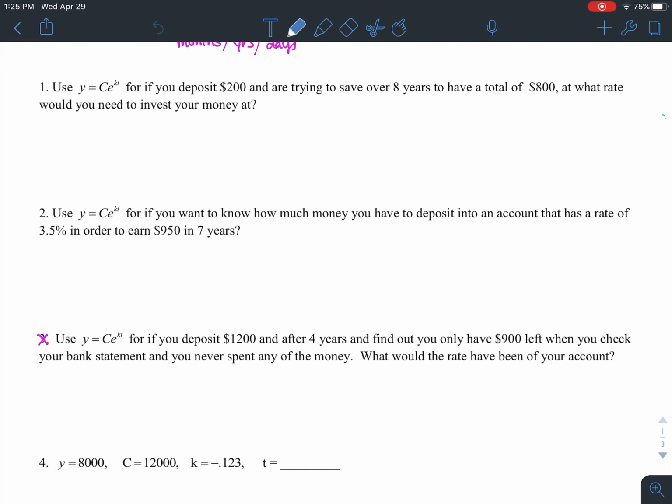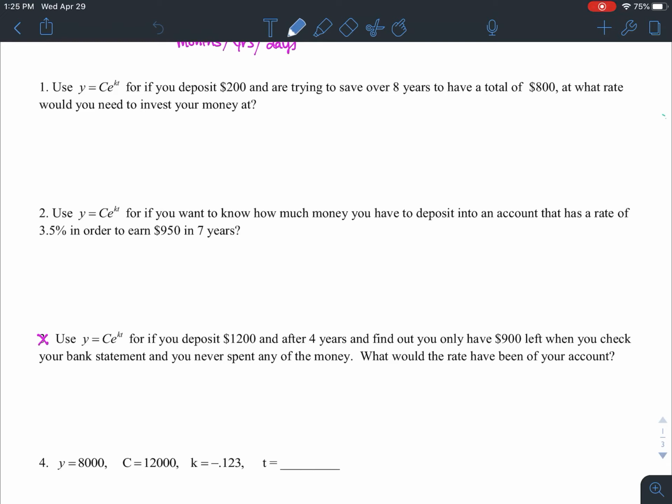Essentially everything's the same. Use y equals Ce^(kt) for this problem: you deposit $200, so that's our C, or your P, and are trying to save over 8 years, so that's our T, to have a total of $800. At what rate would you need to invest your money?